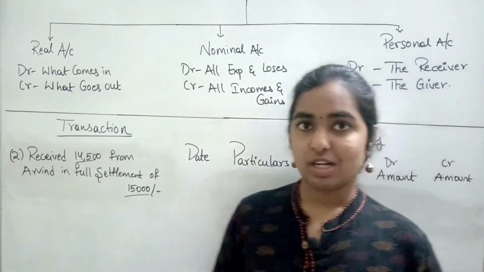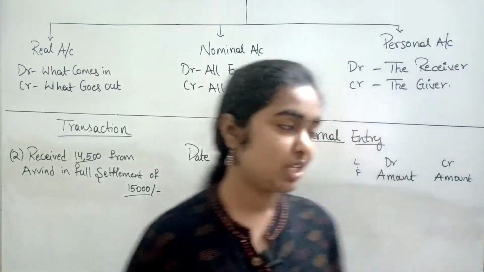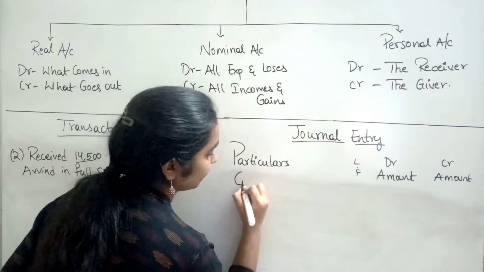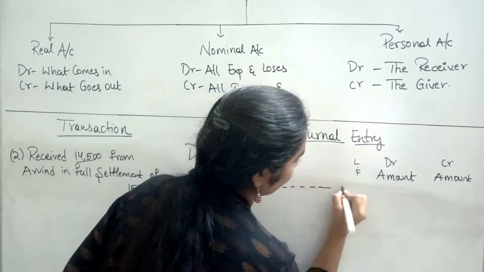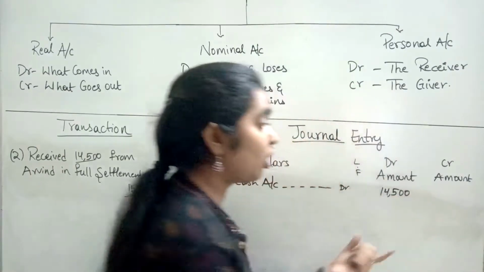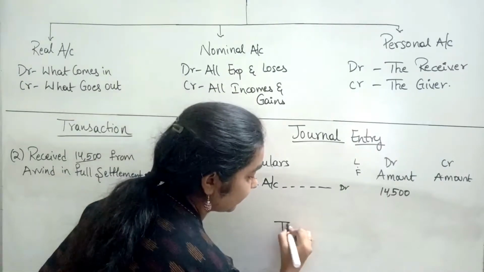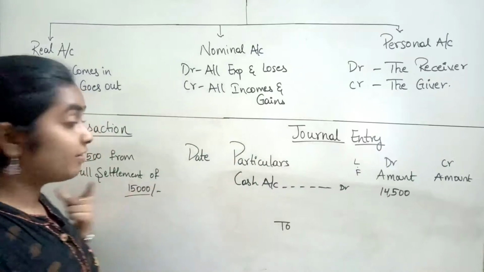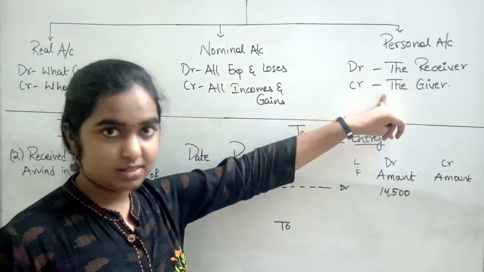So how to pass a journal entry for this transaction: firstly, we are receiving cash, right? So the cash account has to be debited. How much? Only 14,500. We are not receiving the entire amount. And what account has to be credited? We need to credit the Aravind account, because Aravind is a person and he will come under the personal account.